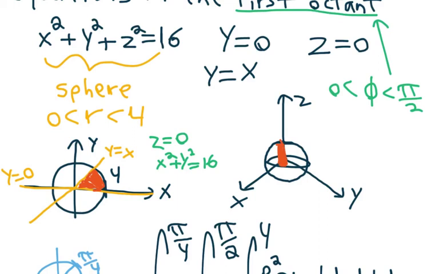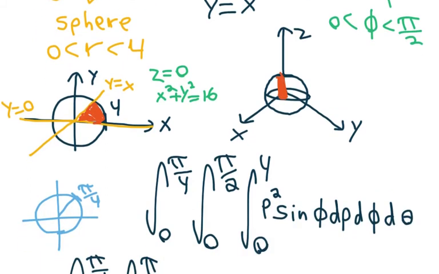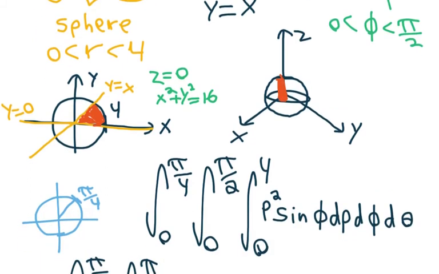We could also draw it in 3D, or we could again use the method to extrude it out to better visualize it. Now, y equals x, if we look at our circle, simply represents the angle of pi over 4 for our theta. So we know that our theta is going to go from 0 to pi over 4.